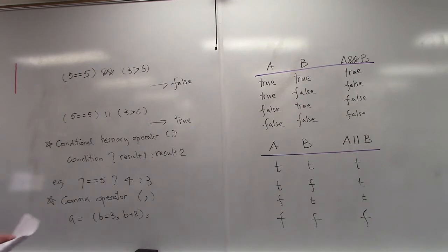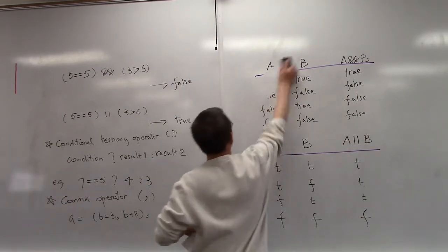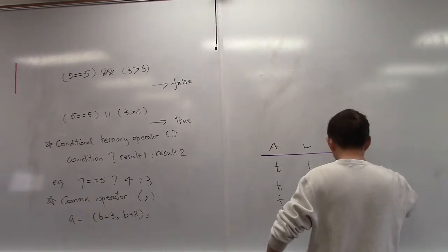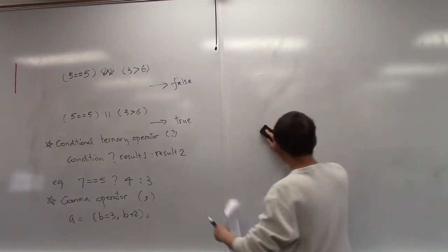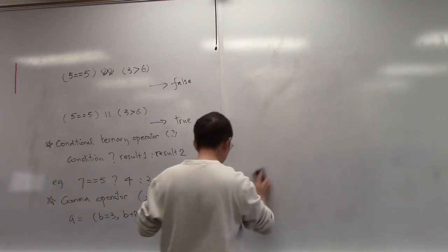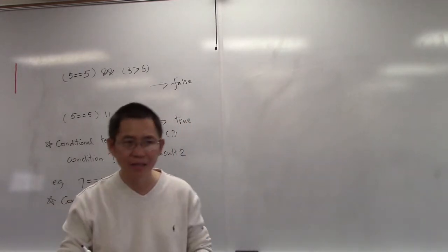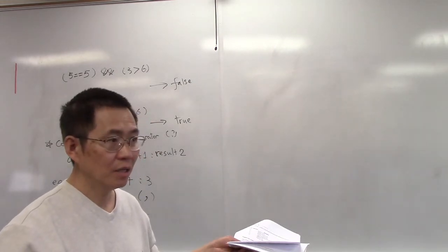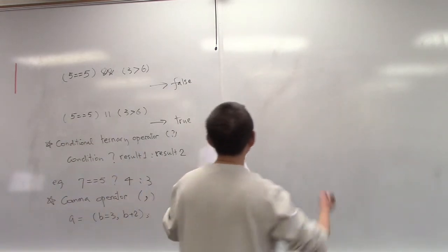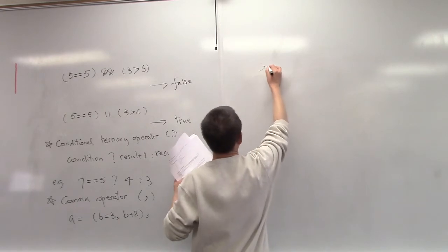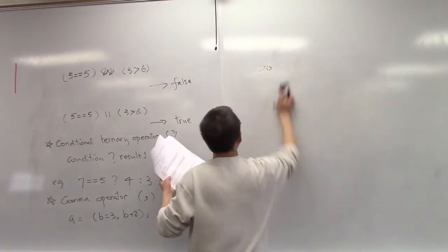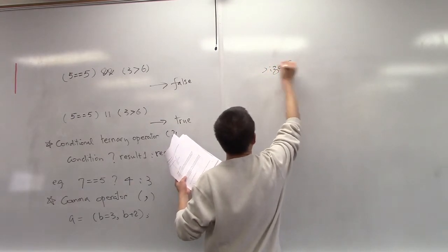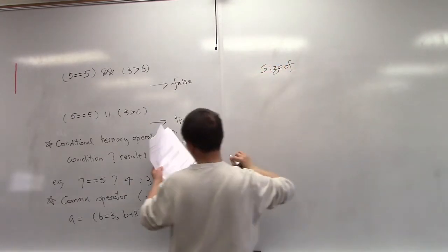One more thing I'd like to mention is sizeof. Remember, when I introduced the data types, I wasn't fully sure how many bytes a float is. But you can find that out very, very easily. Use the sizeof operator. That is an operator.